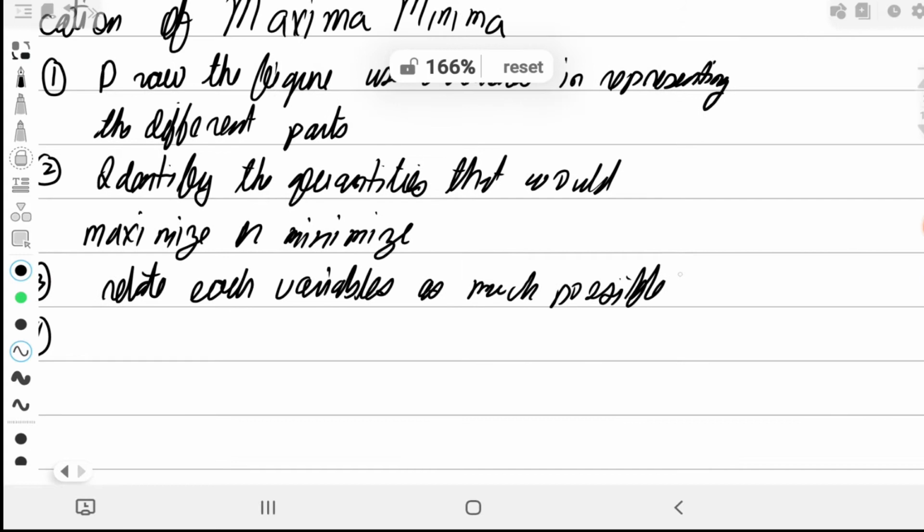Make your equations, or construct your equation, depending on the requirement of the problem.